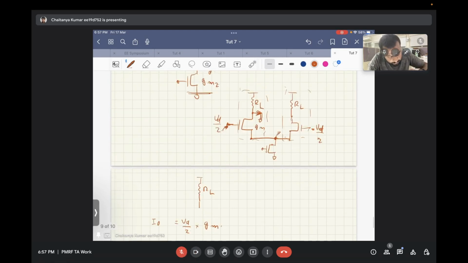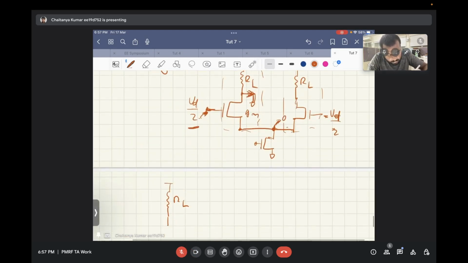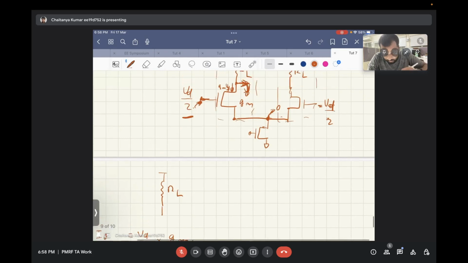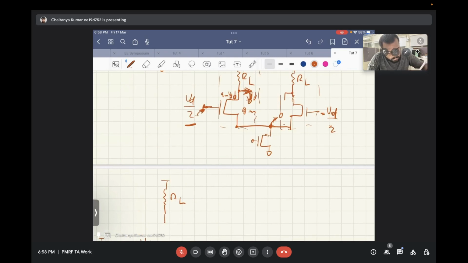Why? Because since in differential half circuit, this voltage is 0, this voltage is VD by 2. So the current that will be flowing is GM times VD by 2. And since this is a short circuit, all current will flow in this short circuit. So the current I out in this branch will be GM times VD by 2.